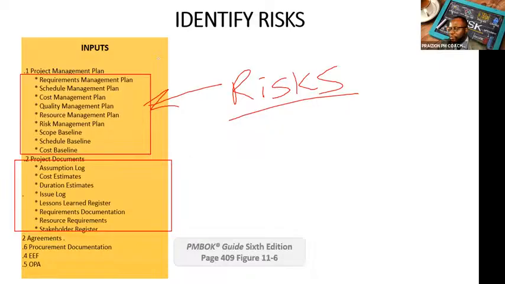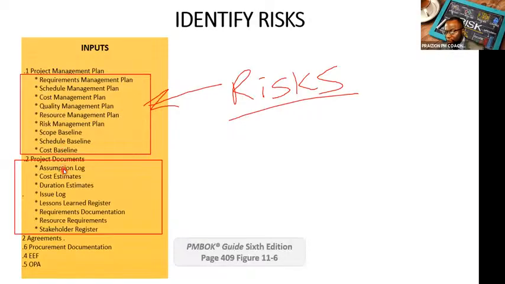I should probably review all of these. What is the logic? There could be risks in my requirements management plan, how I'm collecting requirements, how we are going about managing the schedule and cost and quality and resources and risk. Our scope baseline could be used to identify risks, but then we could also have risks buried in there and in our cost baseline as well. So we need to review all of these.